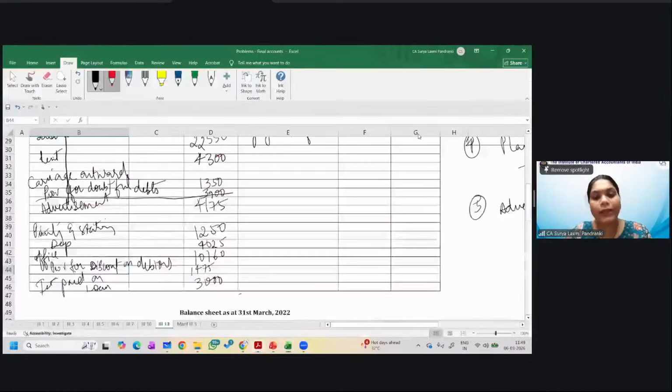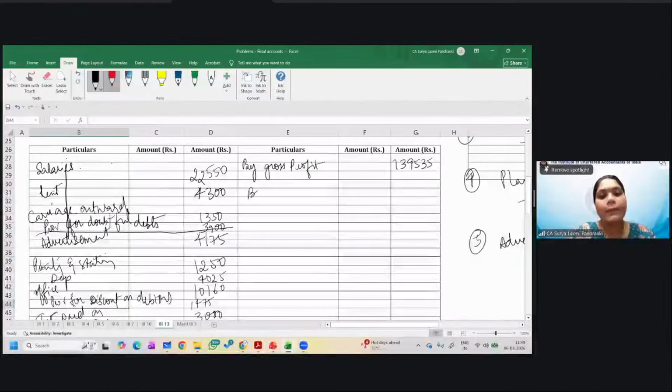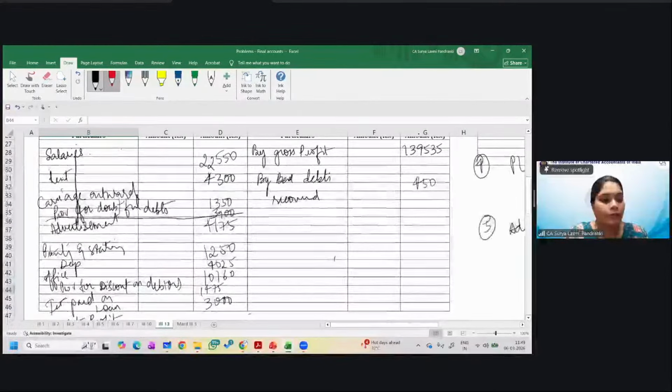You will have to show it directly in your P&L statement. Something that is recovered means you previously thought that person will not pay, but that person is paying, so it is like an income or gain to you. So you show it under the credit side of your P&L statement, right? You are right. Now calculate the net profit.